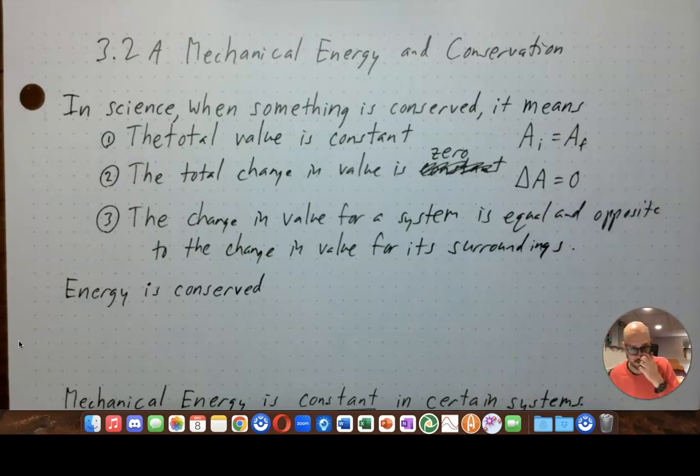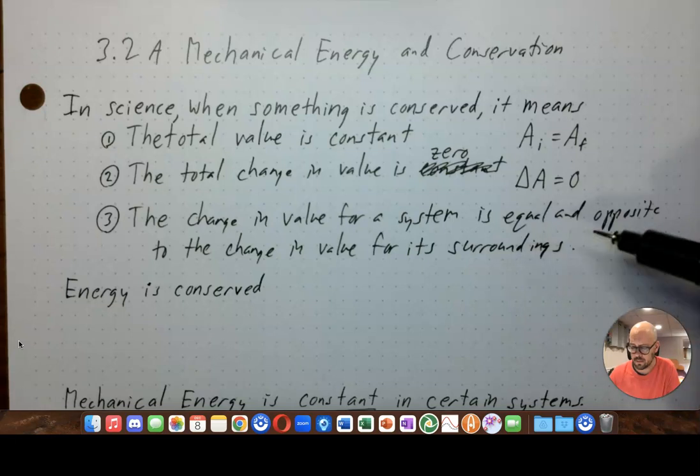We kind of bend that a little bit in the world of energy because we don't talk really about system and surroundings so much, but we talk about types of energy or forms of energy. In the whole grand scheme of things, system and surroundings is probably the most common way to talk about how energy moves through things. So I'm going to use that definition.